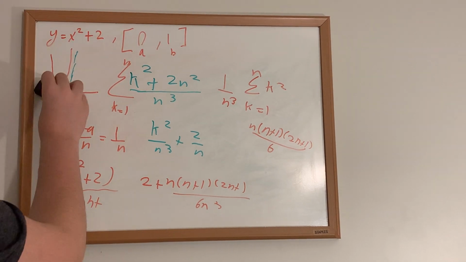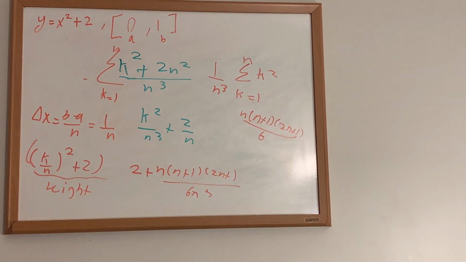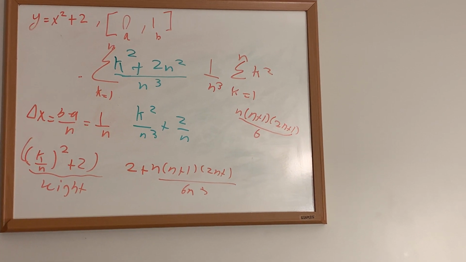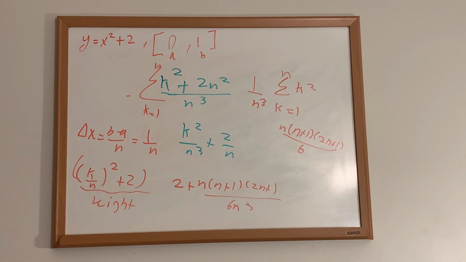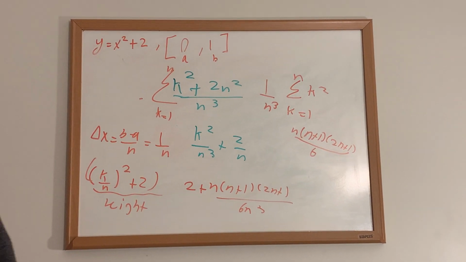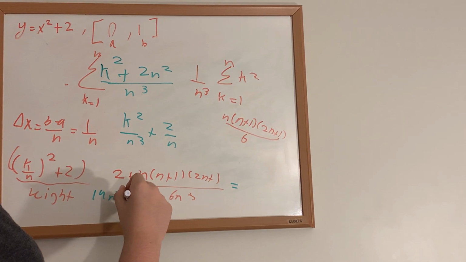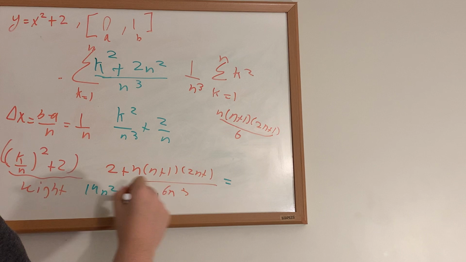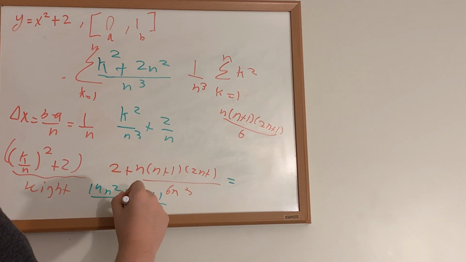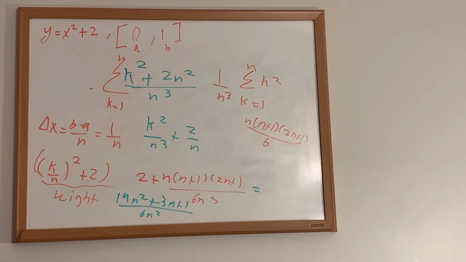So for space, I'm going to erase this part of the drawing, the graph. Now if we add these two expressions, the result that we will get is, I write it here, 14n squared plus 3n plus 1 all over 6n squared, by taking the common denominator and simplifying.